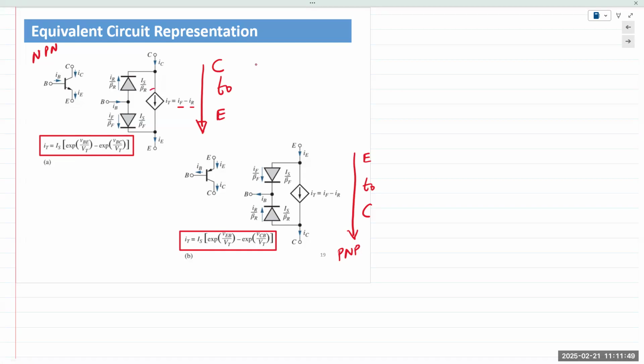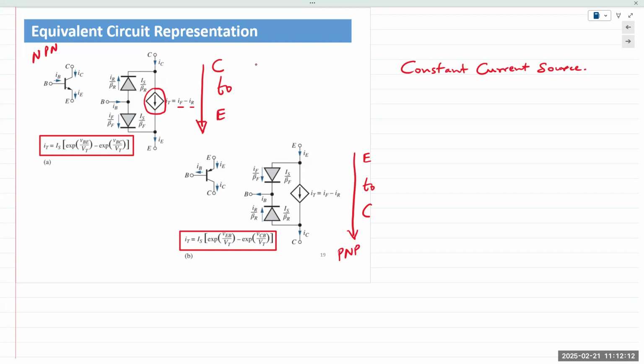On the output side, we are modeling this as a constant current source. And you will see in later models, we will use this kind of dependent current source model to solve for circuits.